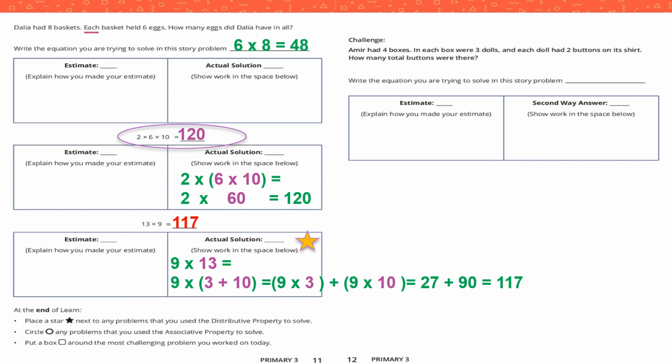Okay, so write the equation. Here I must multiply 3 numbers. I will multiply 4 times 3 times 2. Which way will I use? Sure, associative property. I have here 3 factors. I will take 4 times 3 equals 12. 12 times 2 from the table of 2, 24.